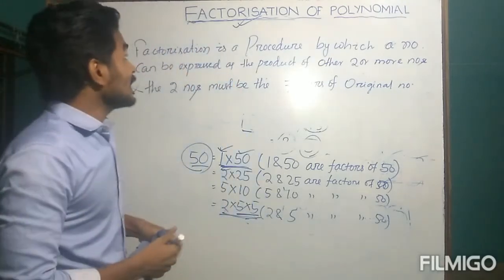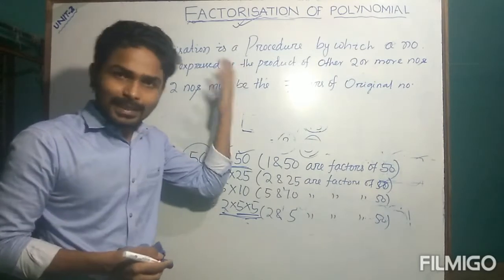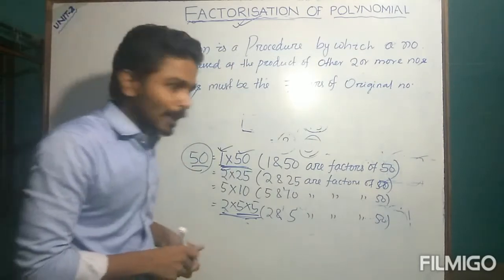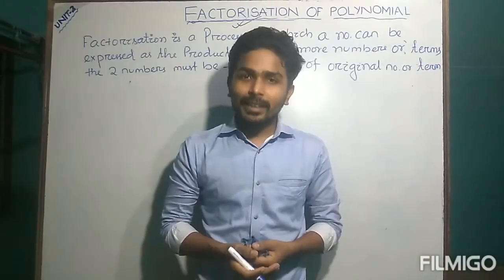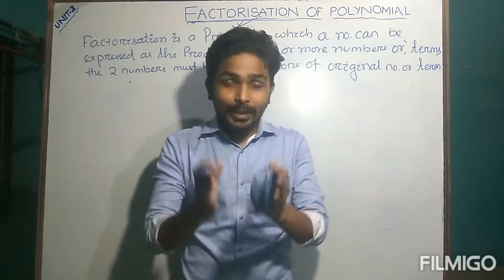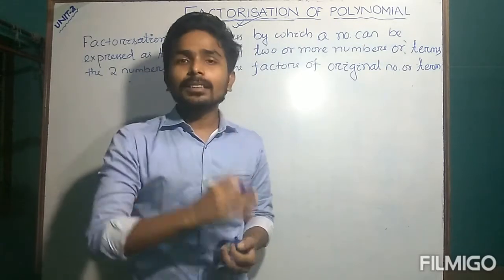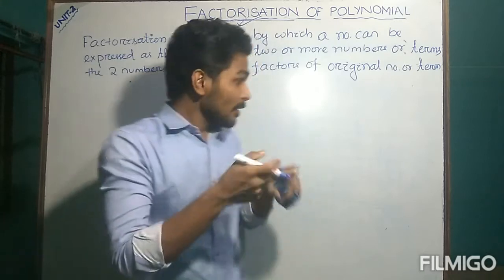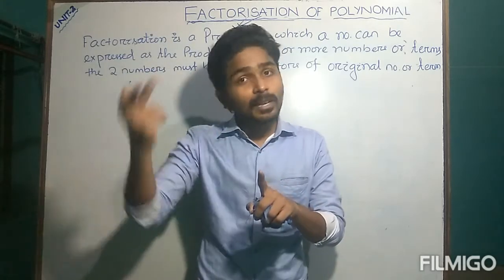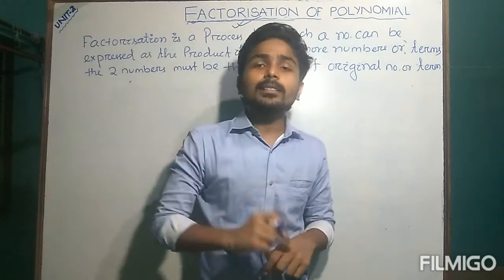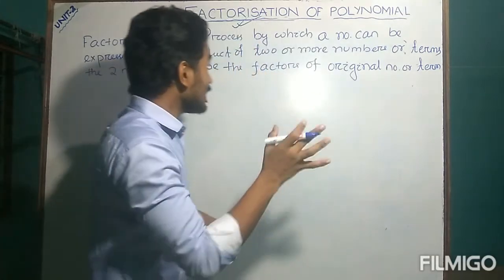Now we will define what the meaning of factorization is. Since we are studying polynomials, here we will define the factorization of a polynomial. Previously we defined the factorization of a number, and it has the same definition.